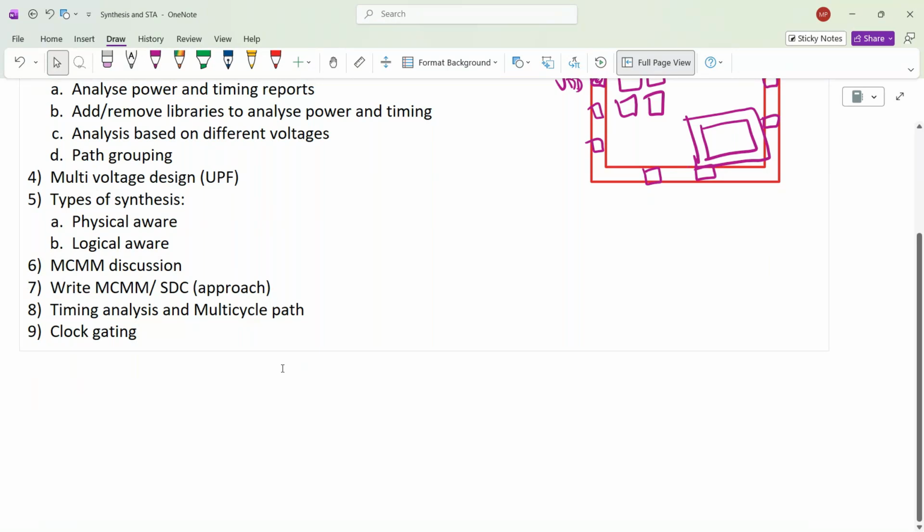So what is clock gating, what do we achieve if we do clock gating, and how to handle clock gating, as well as handling asynchronous design. This we are going to discuss.